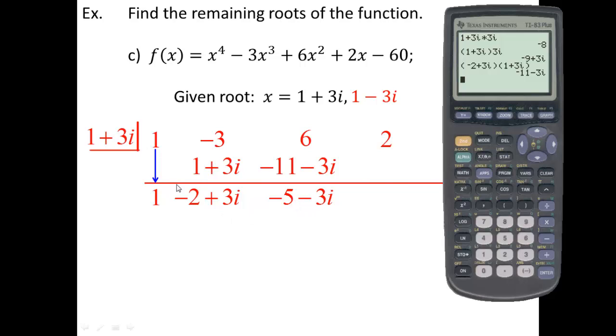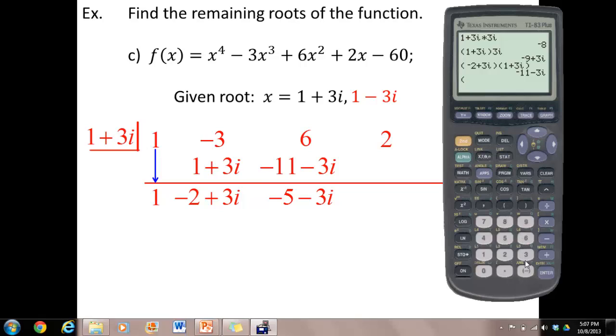Now I'll take negative 5 minus 3i and multiply it. When I multiply this time, I get negative 14 minus 12i, and I happen to know that's not correct, and of course I immediately see my mistake. So here's a good opportunity to catch a problem.